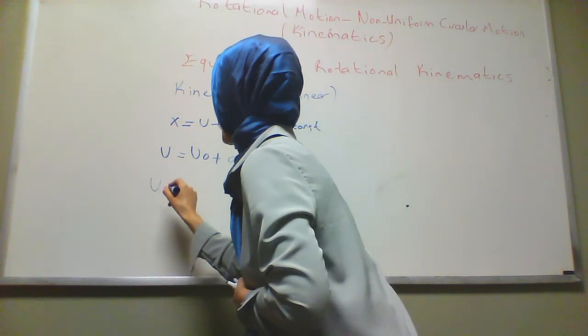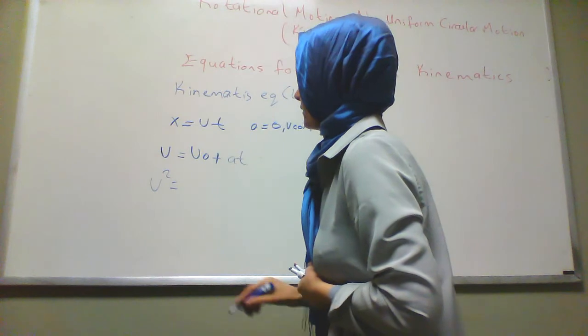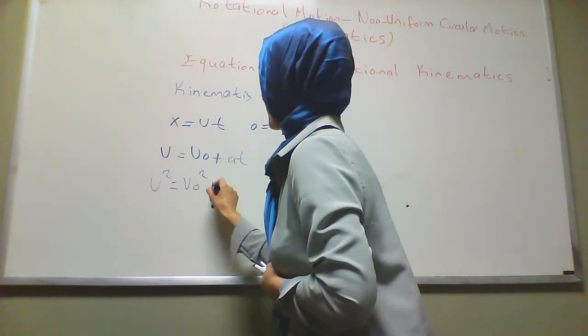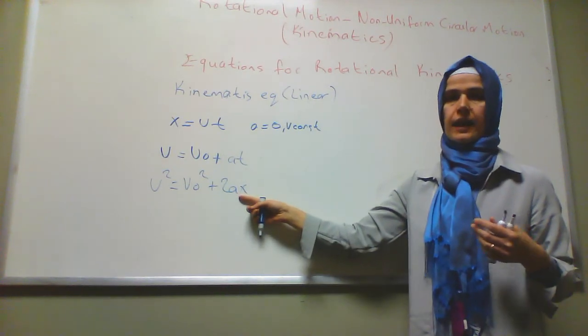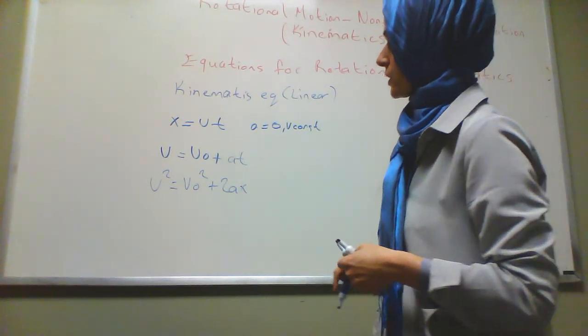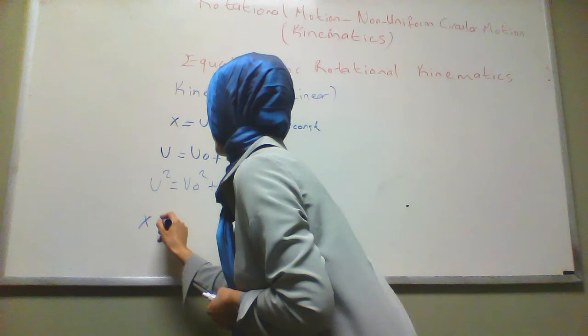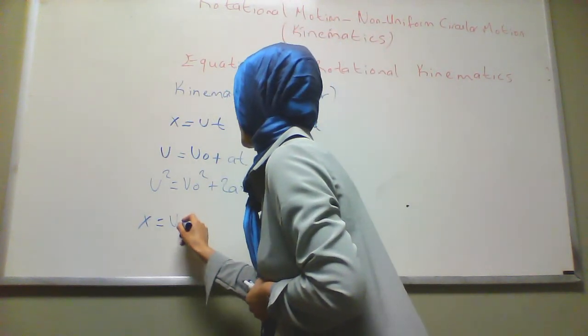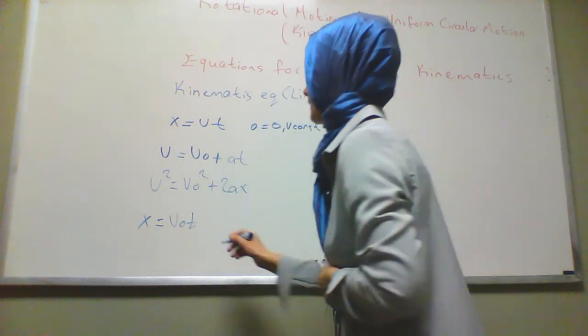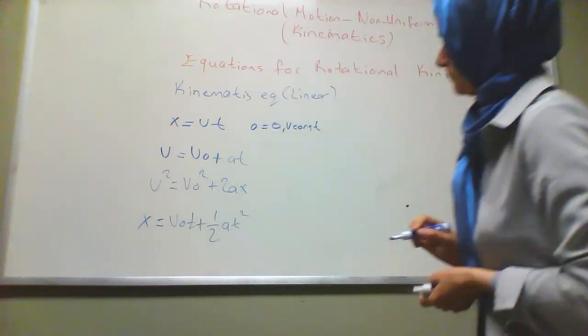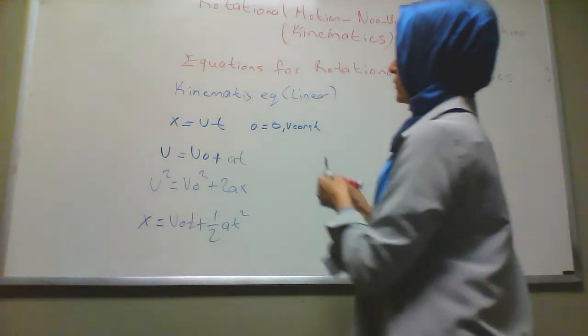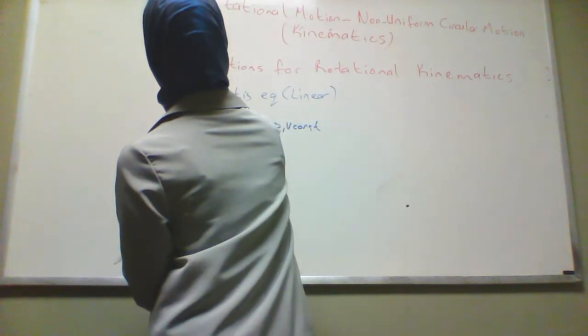We also had an equation relating final velocity, initial velocity, acceleration, and the displacement, helping us solve different types of questions. And the general equation we had for displacement was v0, initial velocity times time, plus 1/2 at squared. And this case was for the accelerating case, right?